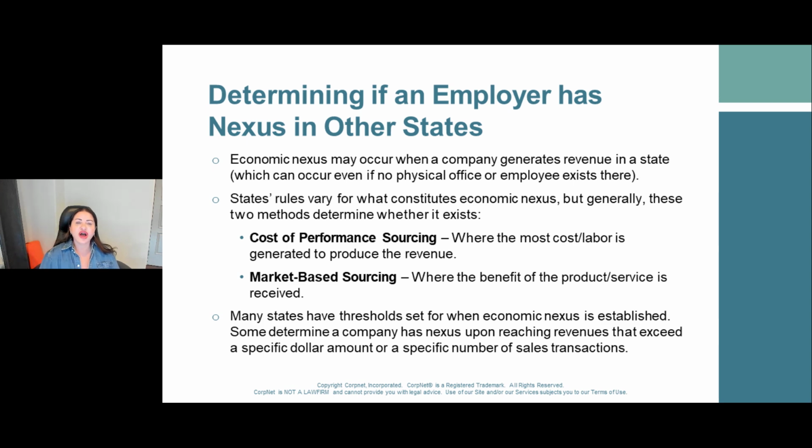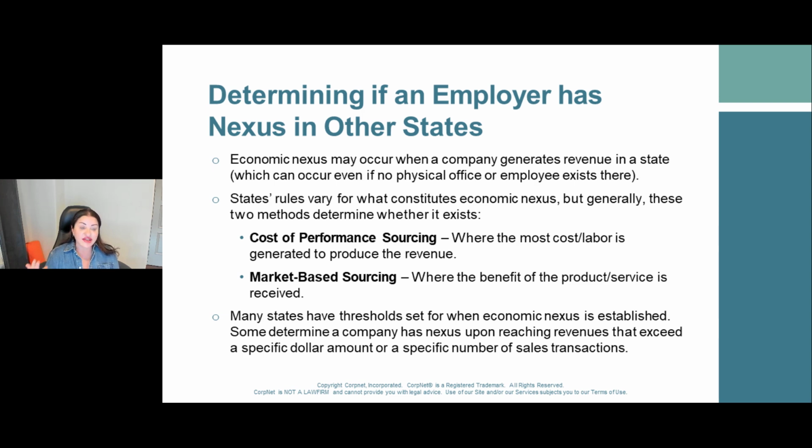Now, let's talk about what we need to know in determining if an employer has nexus in other states. Well, economic nexus may occur when a company generates revenue in a state, which can occur even if no physical office or employees exist. So that's one type of nexus, economic nexus.